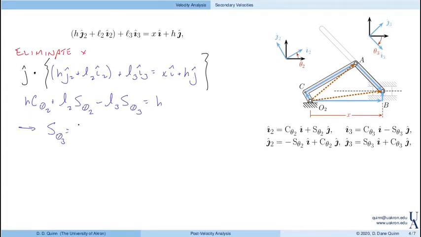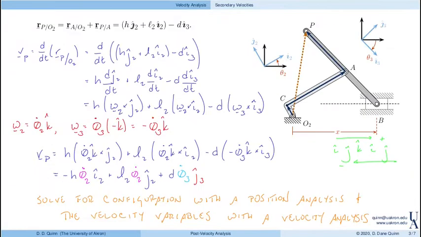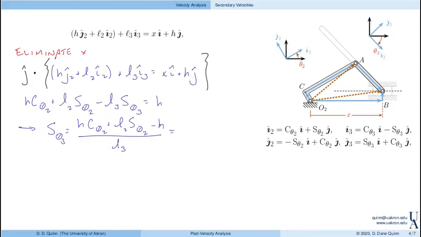In particular, sine of theta 3 is h cosine theta 2 plus L2 sine theta 2 minus h, all divided by L3. These lengths were given in the problem statement, as well as the angle theta 2. So we can work this out and find that sine theta 3 is 0.717. As a result, we find that theta 3 is 45.77 degrees for this configuration.